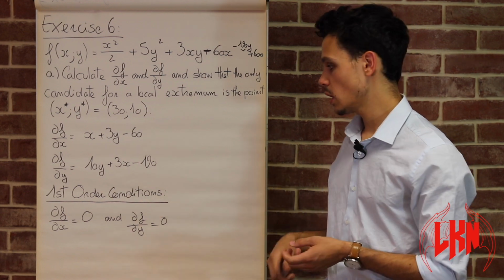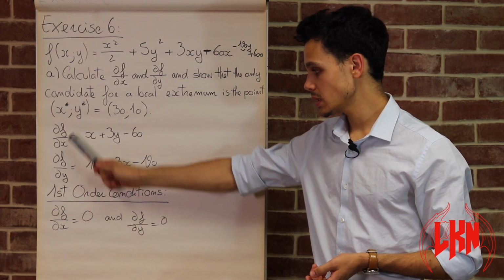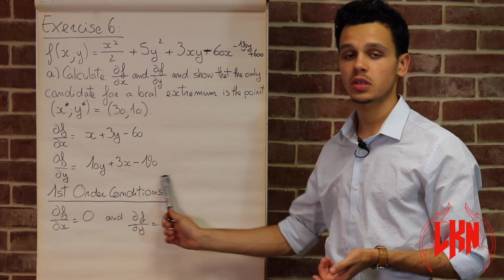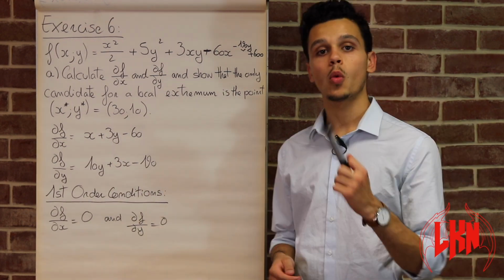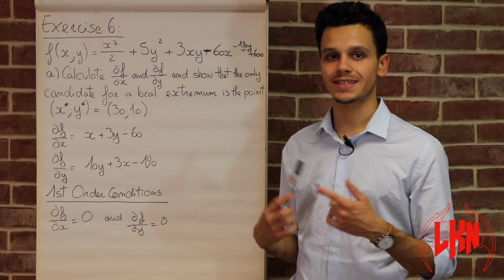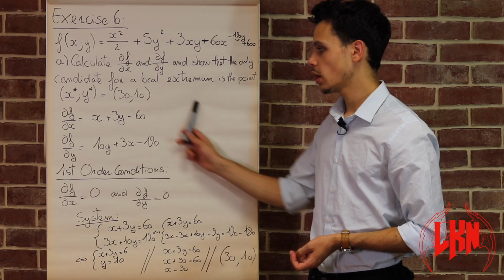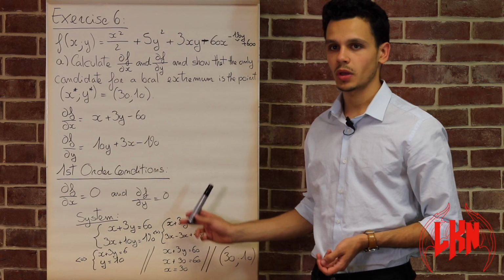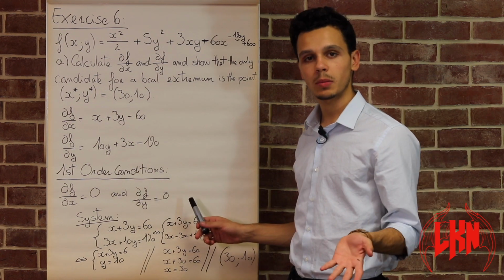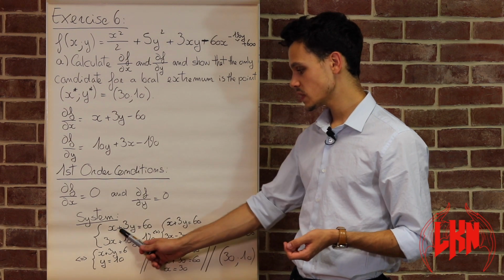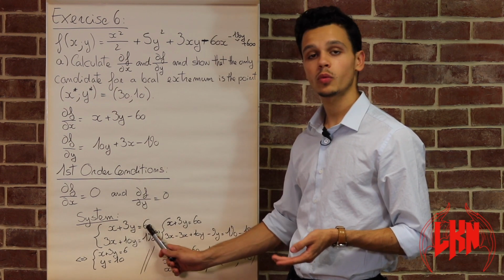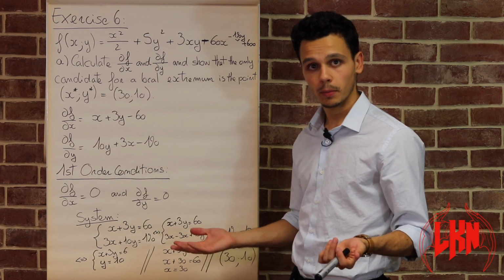In order to find what we call the saddle point, we need to fill two sets of conditions. The first one being that this and that need to be equal to 0. We are going to solve this by using a system of linear equations. In this system, we're going to plug in the two equations we had just found and put them in a way that puts on one side the variables and on one side the number.